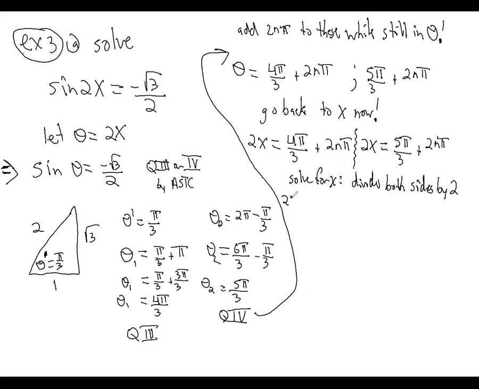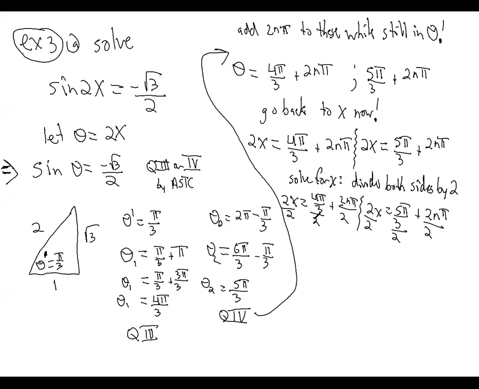So 2x equals 4 pi over 3 plus 2n pi: we divide the 2x by 2, the 4 pi over 3 by 2, and the 2n pi by 2. For the other equation, 2x equals 5 pi over 3 plus 2n pi, we divide all of those terms by 2.